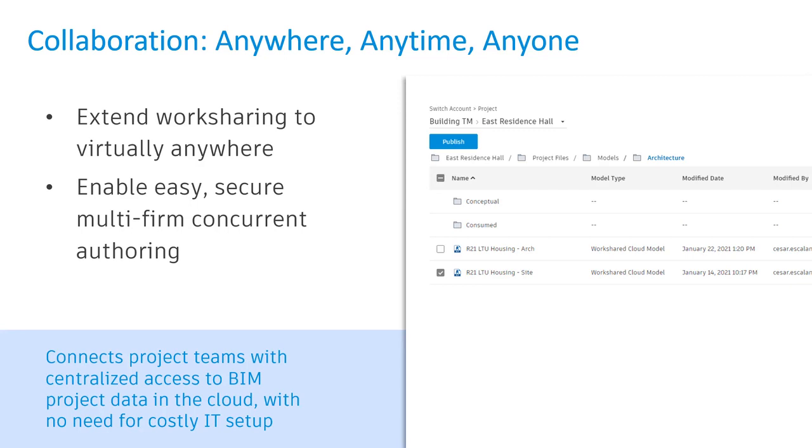This gives you the ability to extend worksharing to project teams in any location, while centralizing efforts of distributed teams. You can also better allocate resources and assign the best team members with the most relevant skill sets to each project.